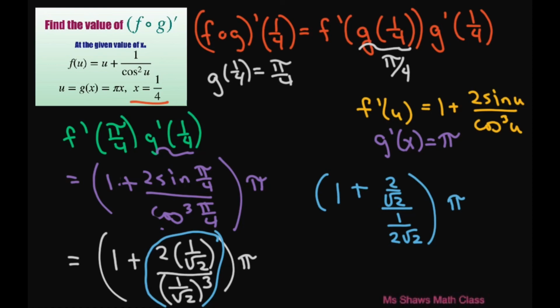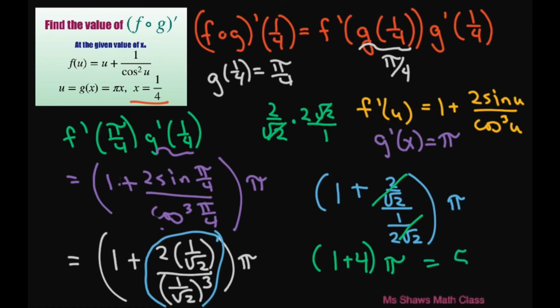Well, this piece here, I'm going to write as 2 divided by square root of 2 times 2 square root of 2 divided by 1. So these two cancel out. So this whole thing just equals 4, 2 times 2. So you're going to get 1 plus 4 times pi. And this is going to equal 5 pi. So that is your final value.